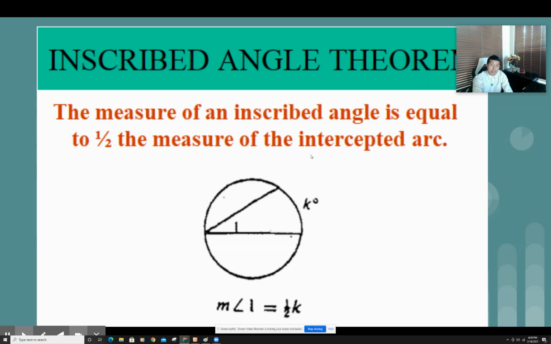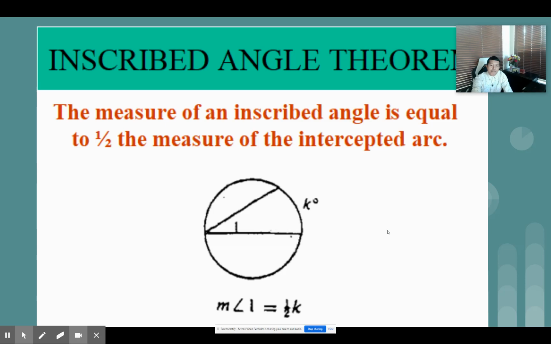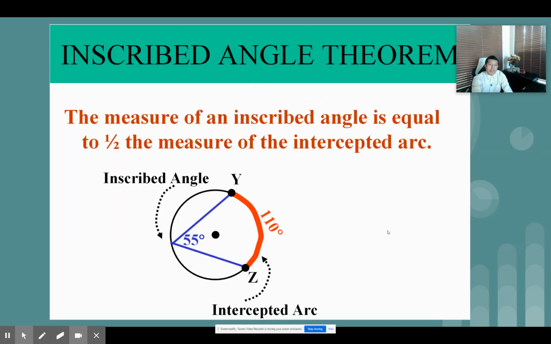Now, how do we measure this? What the theorem states: the measure of an inscribed angle is equal to 1/2 the measure of the intercepted arc. So the measure of angle 1 is equal to half of its intercepted arc, which is arc K. To be specific, let's take this example. The inscribed angle here is the one in blue, angle Y something Z, measuring 55 degrees.